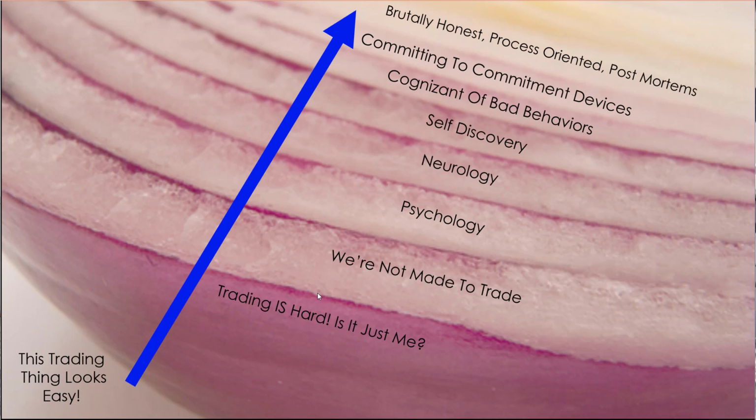Right before I began recording this, I'm a little aggravated because I've got a short that's going against me, and I'm applying logic to the market, okay, which is part of the reason, going back in the onion, why we're not made to trade, because the markets often don't work on logic, although lately they have been, right? Zoom has gone up. Some of these pet-related companies have gone up because people are home with their pets. So lately the logic has worked, and that's one thing I woke up thinking about. The tricky thing about the markets is logic often doesn't work, but it works every now and then to teach you that it works.